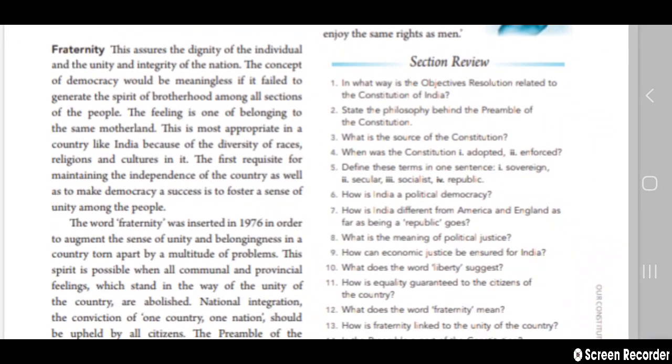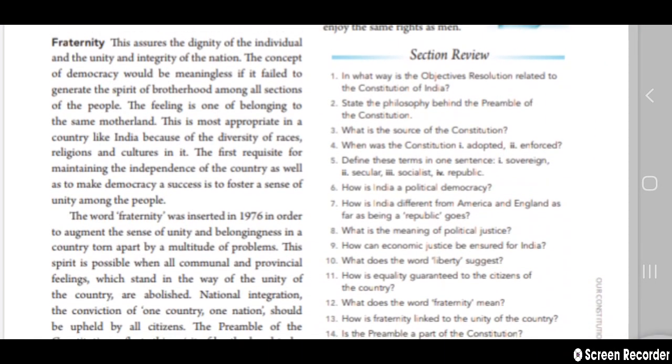Next, fraternity. This assures the dignity of the individual and the unity and integrity of the nation, and the concept of democracy would be meaningless if it failed to generate the spirit of brotherhood among all sections of the people in India.